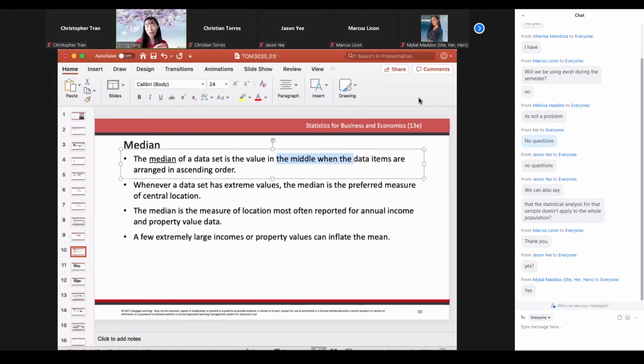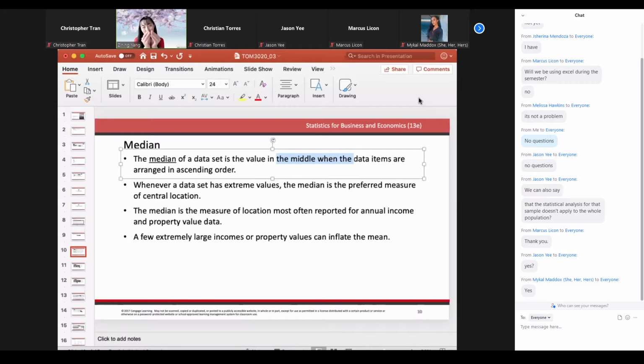What's the middle value? Well, if you have three numbers, right? First number, second number, third number. Obviously, the second number will be the middle number. If you have five numbers, first, second, third, fourth, fifth, the third number will be the middle number. If you have four numbers, you count the two numbers, first and second, or fourth and third.